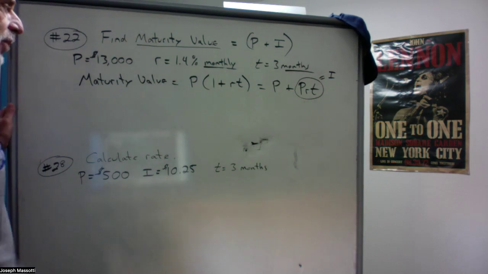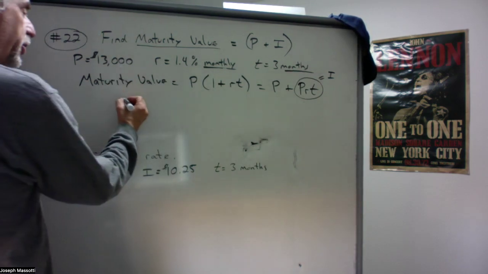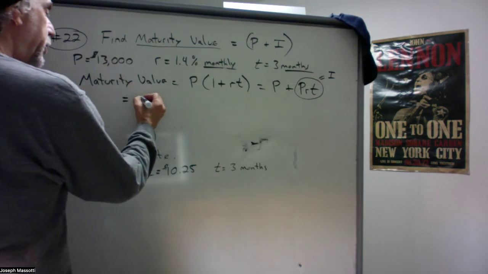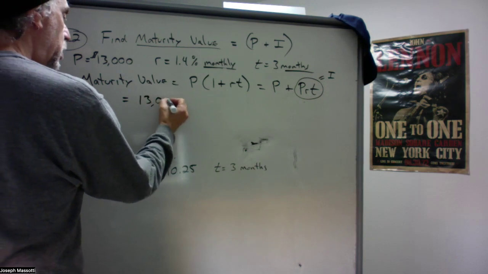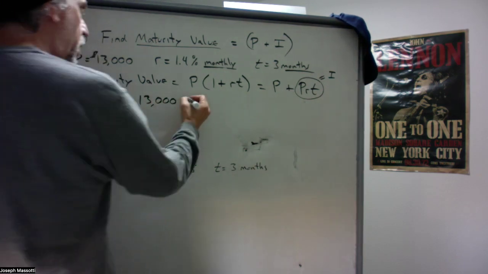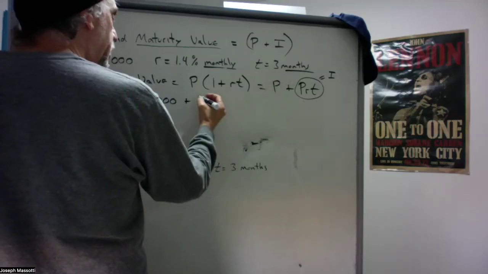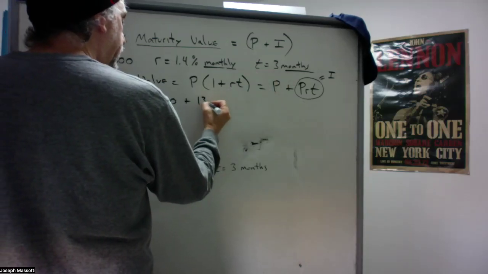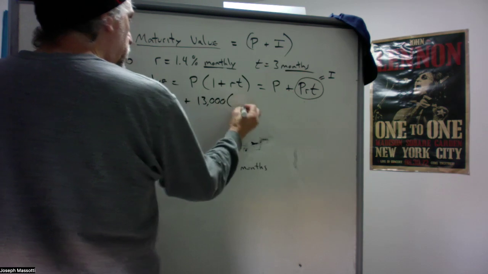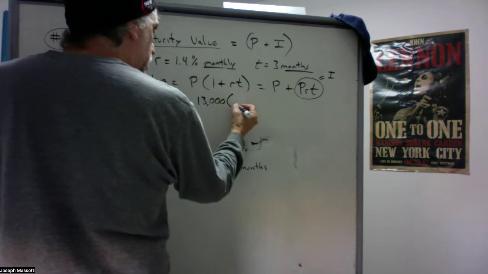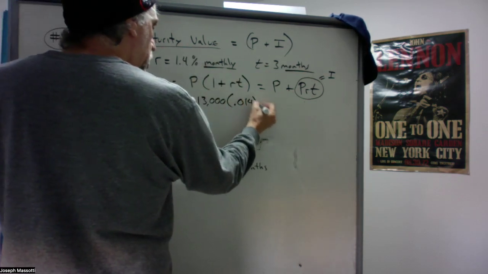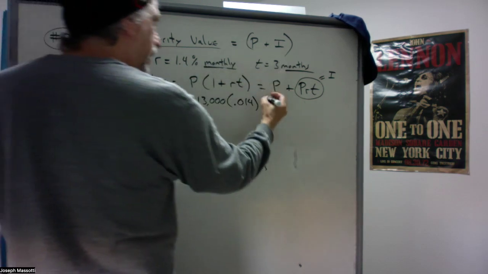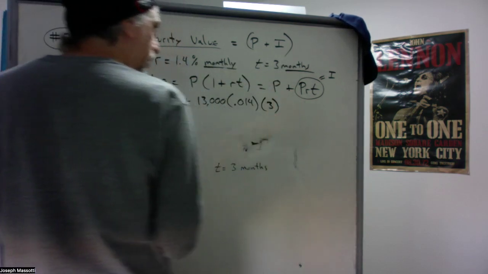to the principal. So in this case, our maturity value is going to be 13,000 plus the interest, which is 13,000 times the rate as a decimal, and the time is 3 for 3 months.